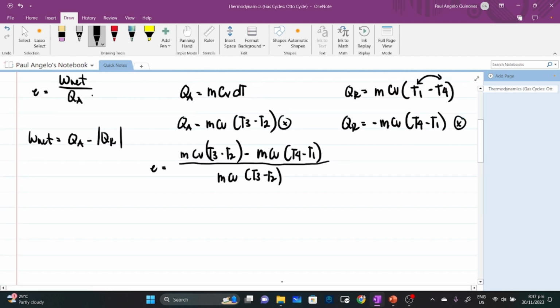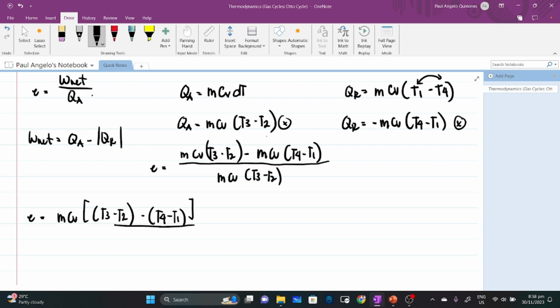As you can observe in the numerator, we have a common factor of MCV, so we can factor that out. We have E is equal to MCV times T3 minus T2 minus T4 minus T1, over MCV T3 minus T2.